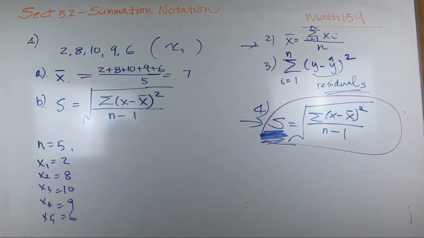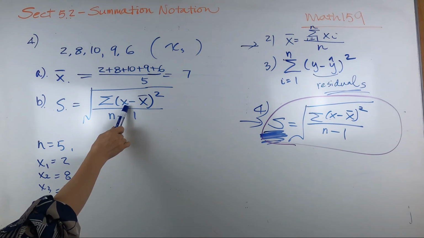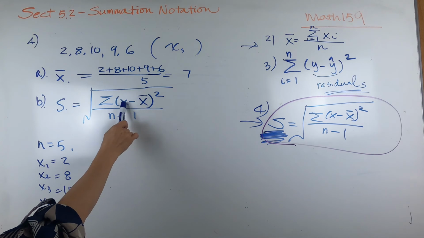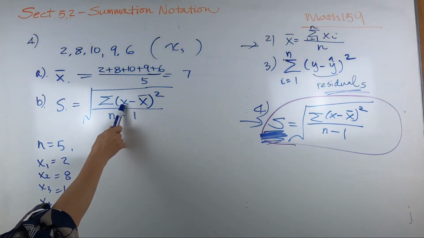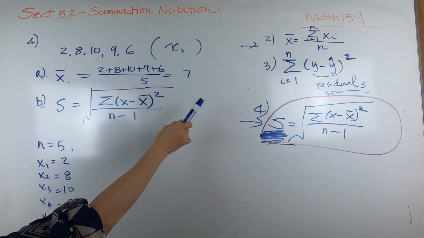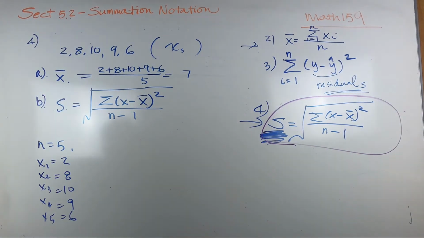Your n is 5. How many x's do you have? 5 of them. Then you have to find the difference between the data and the mean. Then you take a square, which we practiced earlier.